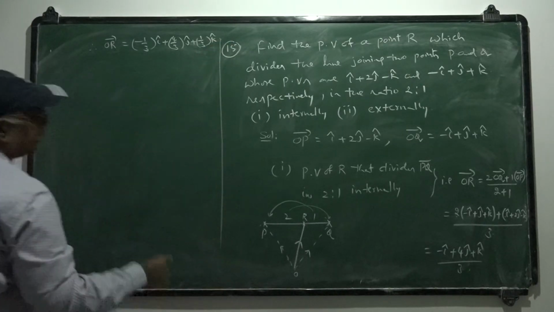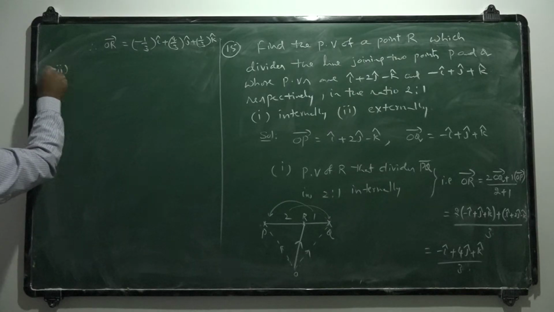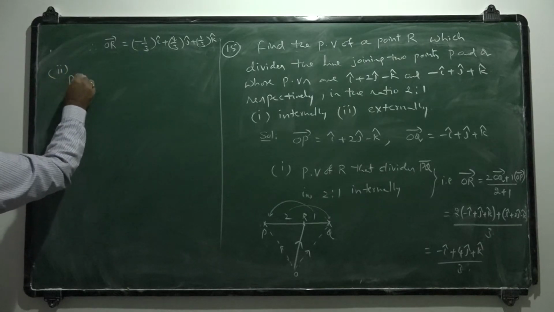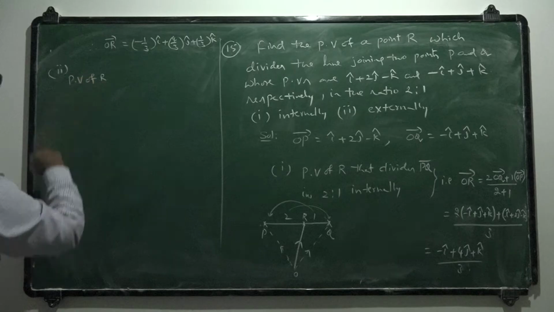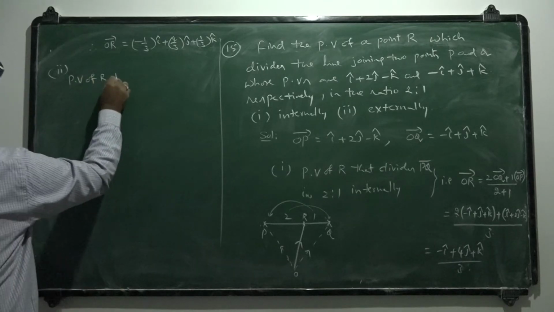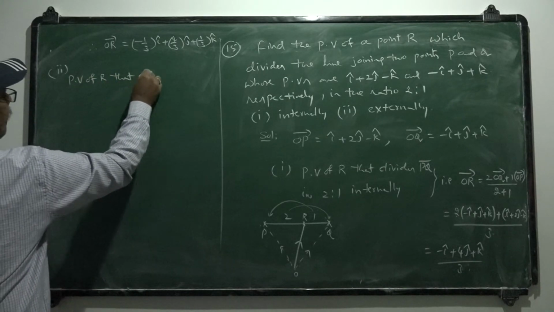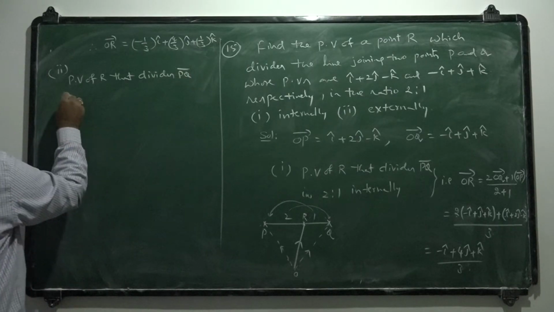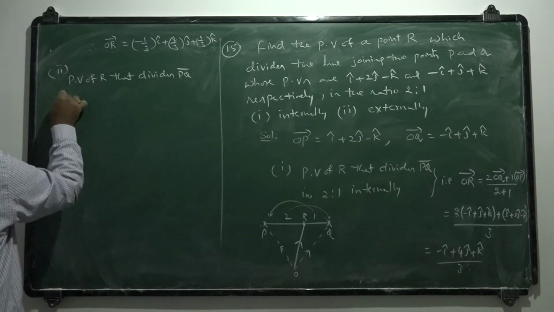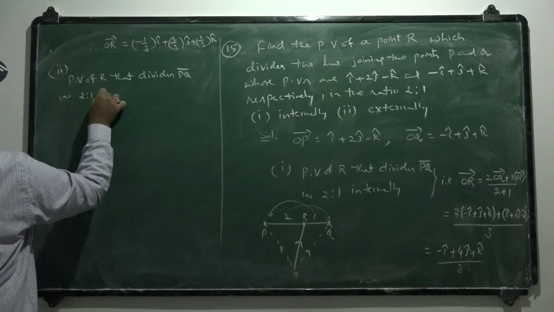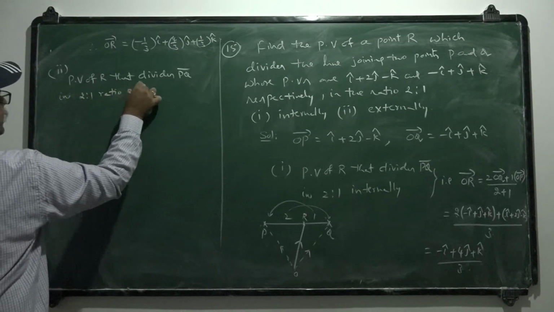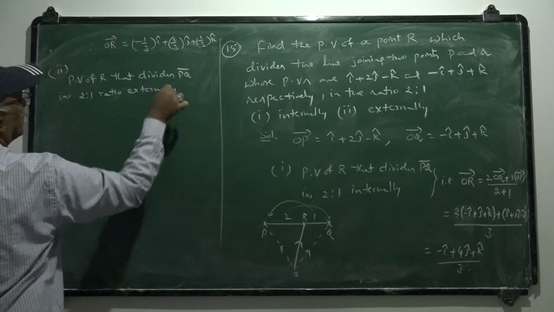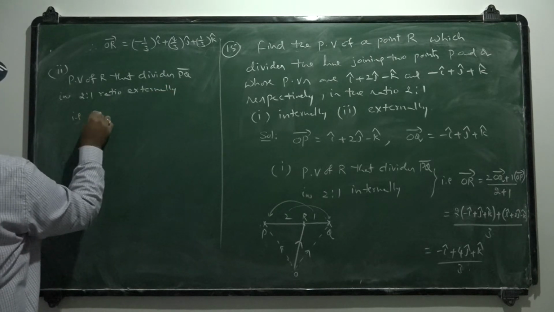Similarly, the external division point: the position vector of R that divides PQ in the 2:1 ratio externally. That is OR bar.